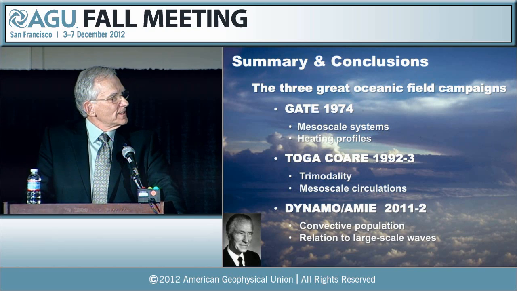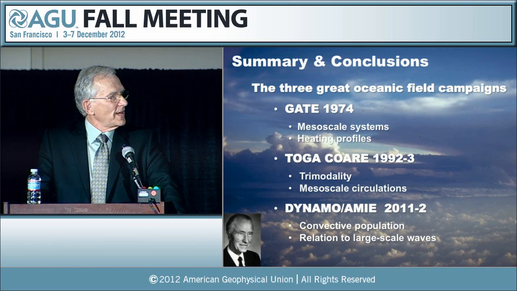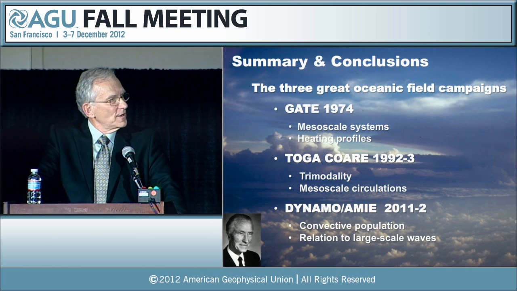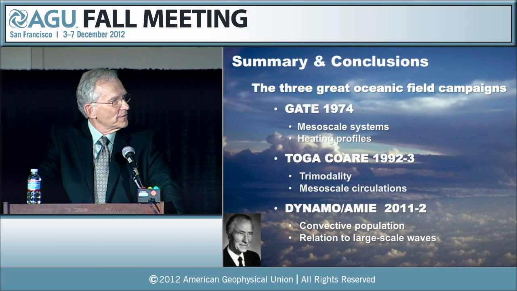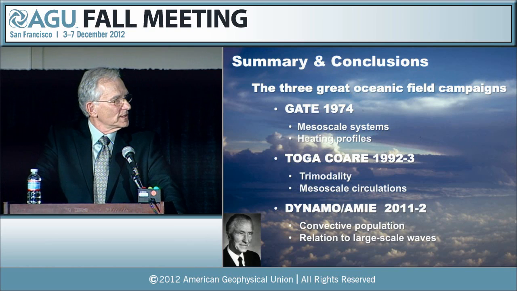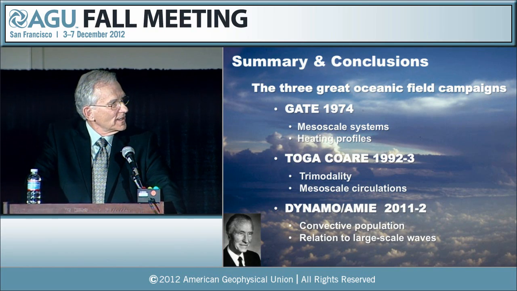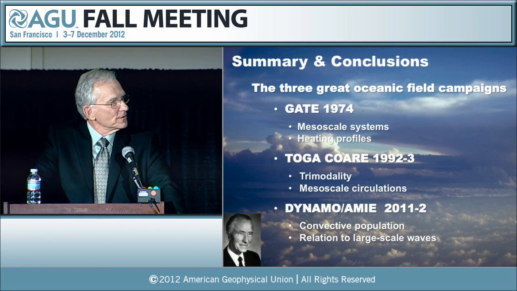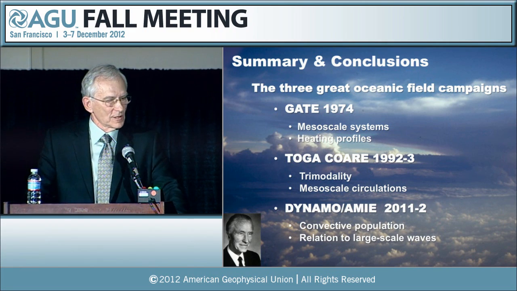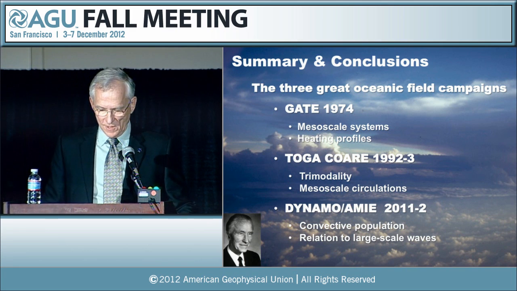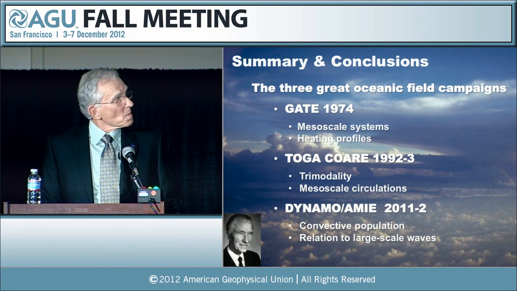And finally, this past year, we have DYNAMO and AMIE in the Indian Ocean, where we focused on the convective population. We've taken a multi-radar approach to the cloud systems, and we're in the midst of trying to relate these to large-scale wave behaviors. This is ultimately going to take some modeling for this to all work out.